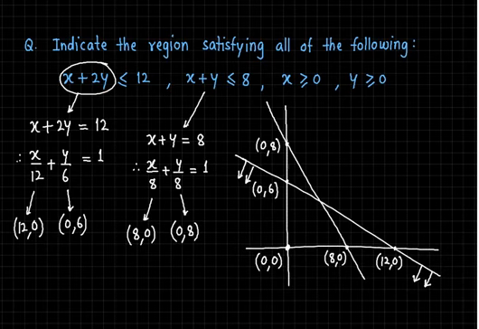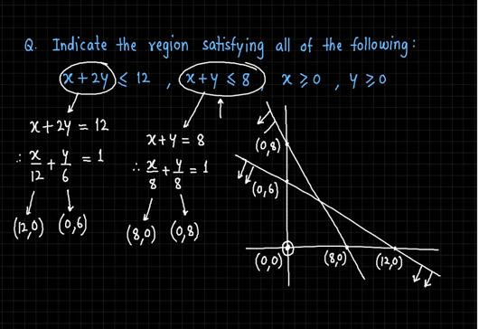Now let's turn our attention to the second inequality, that is x plus y has to be less than or equal to 8. Out of that we consider the less than part now. Once again, here also we can consider the origin, and if you put it in the inequality, that is 0 plus 0, which is 0 and which is surely less than 8. So that means the origin lies on that side which indicates the inequality of less than.